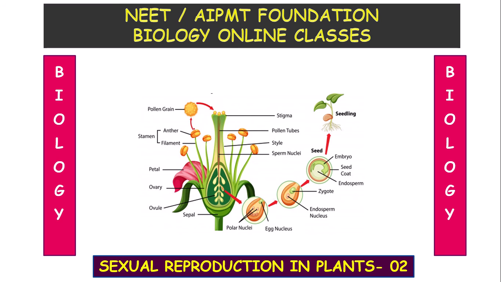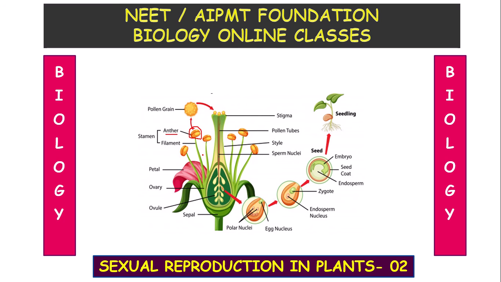The stamen's male reproductive part is called the anther. This anther consists of lobes, it is dithecous. There are 4 lobes present, called pollen sacs or microsporangia.